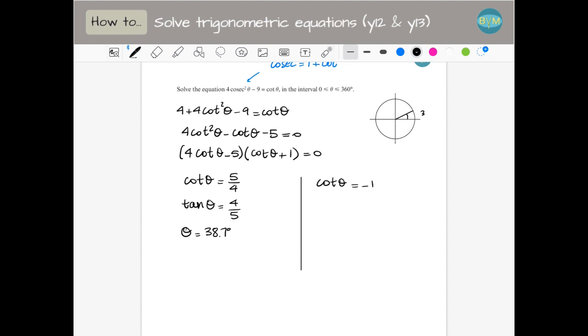Another solution is going to be same gradient. So same gradient is 180 plus 38.7. So my next solution is going to be 219 degrees. And then I explore this one. Cot is not in the calculator, so I do tan is the reciprocal minus 1. So that means that theta is going to be 135.